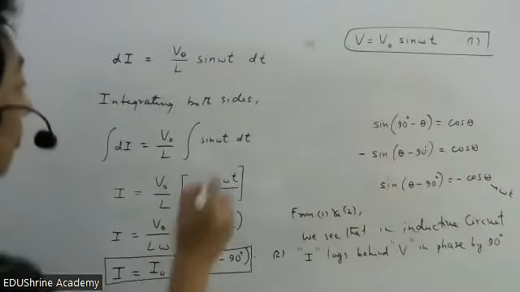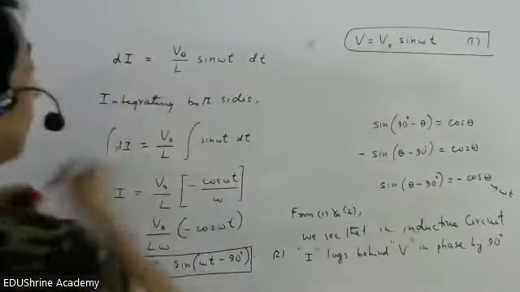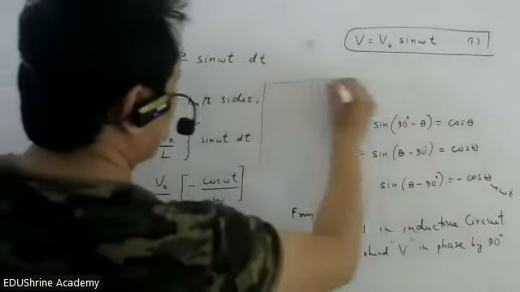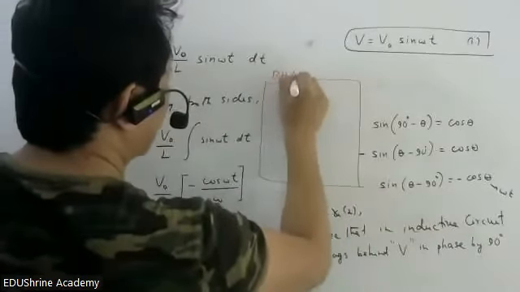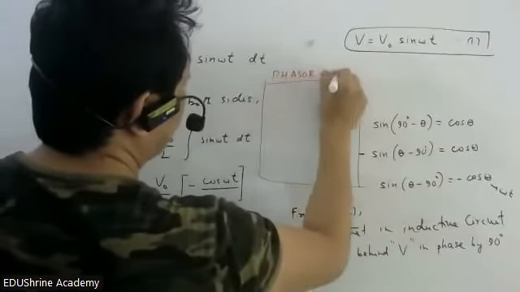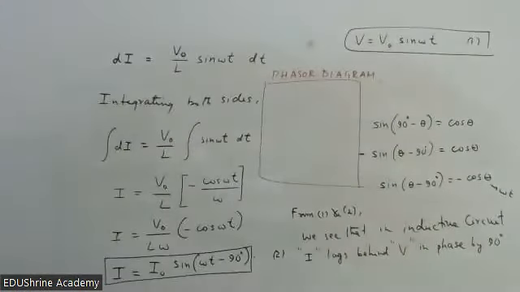Then they will ask you to draw the phasor diagram. I will show you here. This is the last thing you have to write. So how will you write the phasor diagram?